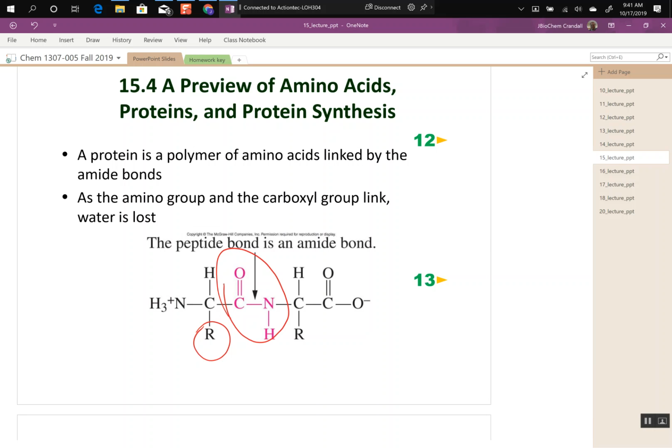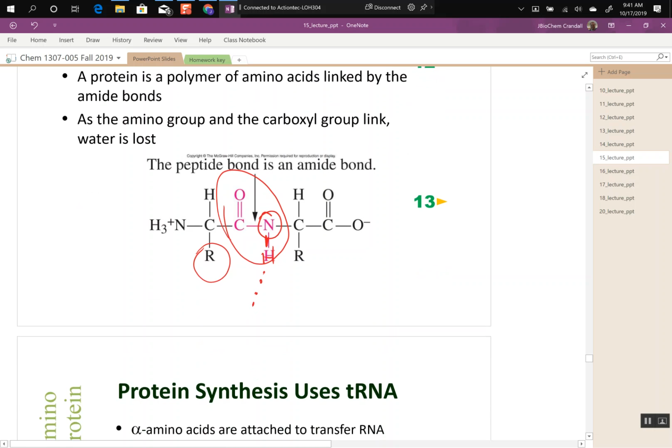Okay, so think about this protein strand and it's corkscrewing up. Okay, as it's doing that, the amine here is bound directly to a hydrogen, right? And it can interact through a hydrogen bond to the carbonyl of another amide bond right below it. Okay?